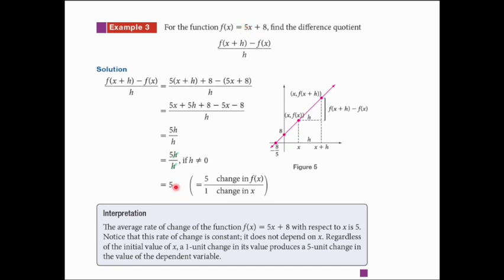So that's 5. So we verified that we did this correctly by recognizing that this is a linear function and we should have had 5 for our average rate of change, no matter what 2 points I pick. So for every 1 unit of change in the x, we're going to get an increase of 5 in our output, or our dependent variable.